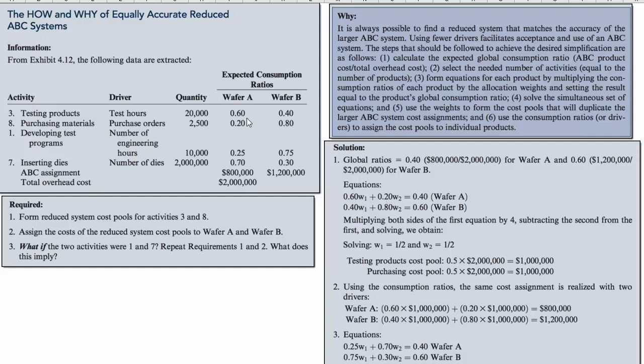Now, they give us the expected consumption ratios, so this work had to be done for us ahead of time: 0.6 and 0.2 for wafer A, and 0.4 and 0.8 for wafer B. If we take the 0.6 and the 0.2 and set it equal to the wafer A percentage, which was 40%, 800,000 divided by 2 million, and then take the 0.4 and the 0.8 and set that equal to the wafer B percentage, which was $1.2 million divided by 2 million, or 60%, we have our equations.